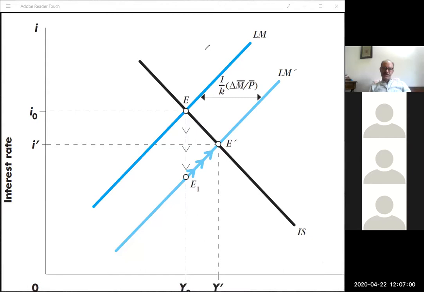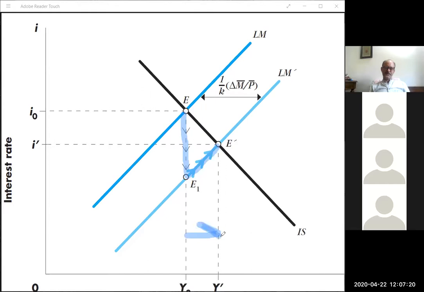The dynamics that comes out of it is quite interesting. There is a movement like this first, and then there is a movement like this. So if I draw it here, what happens to the rate of interest? As far as the output is concerned, the dynamics is very clear.